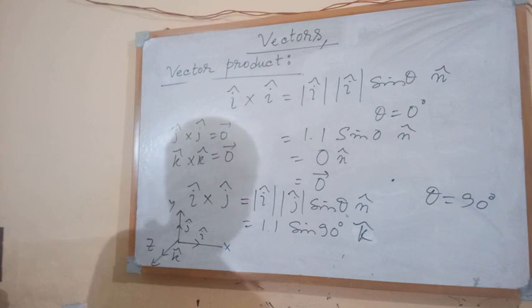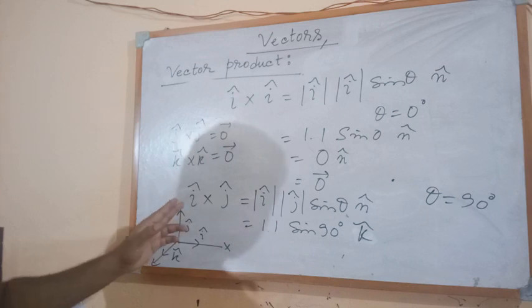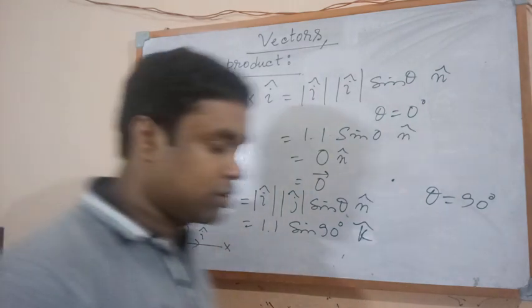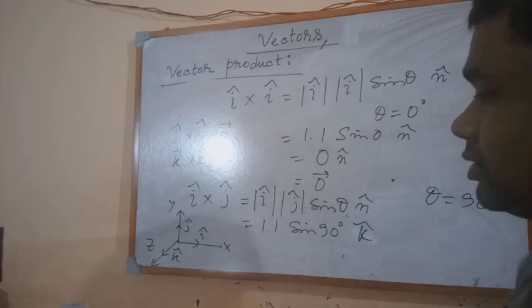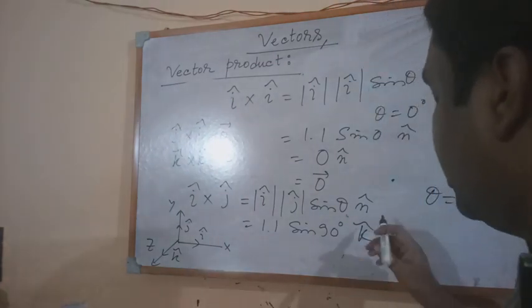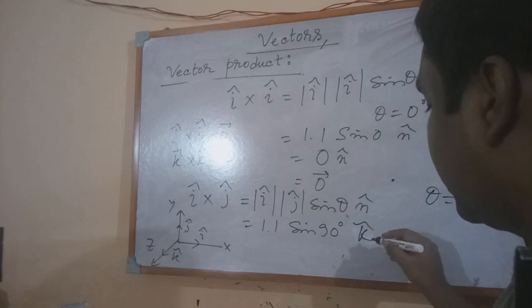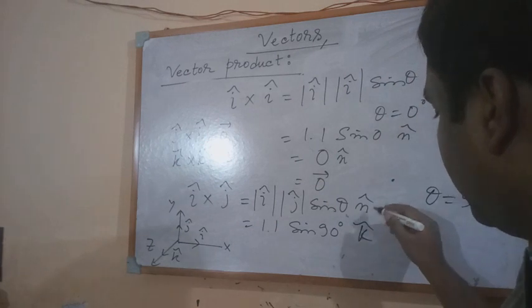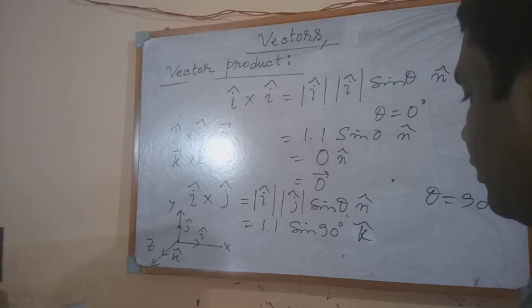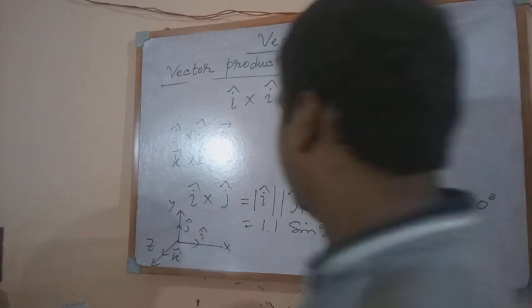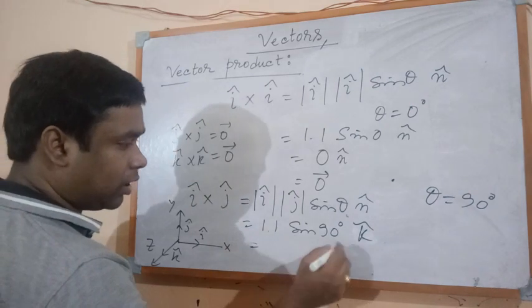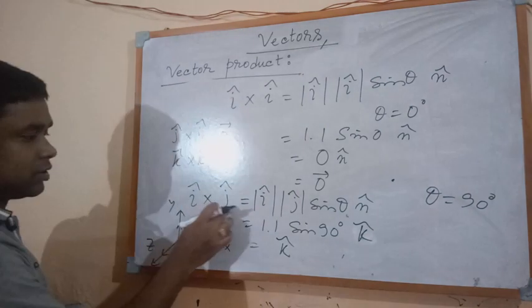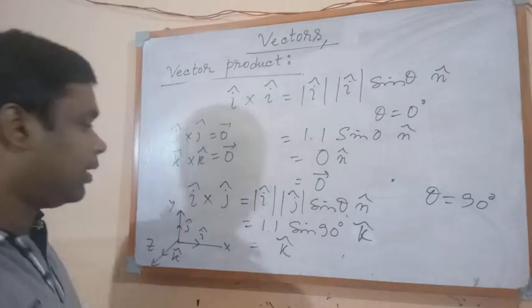Then the direction of I cap cross j cap vector is along the z axis, which is along the k cap vector. That's why we are taking the k vector instead of the n cap vector. Here n cap equals k cap. So what is the value here? Sine 90 is 1, so 1 into 1 into 1 into k cap. So I cap cross j cap equals k cap.